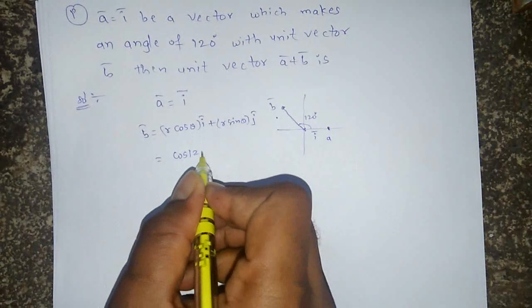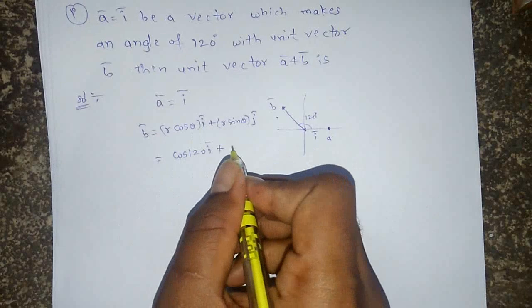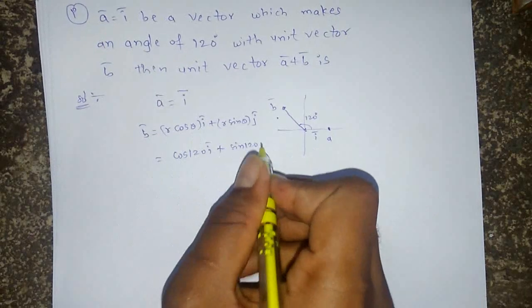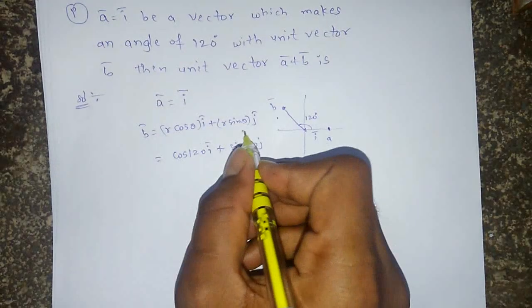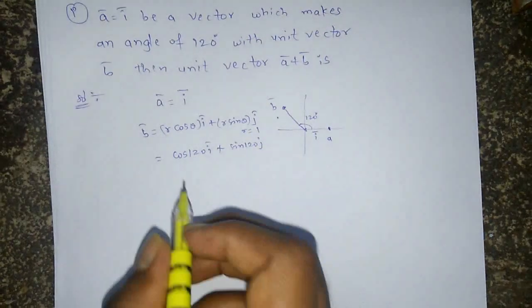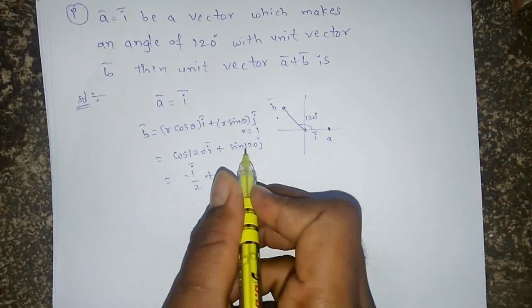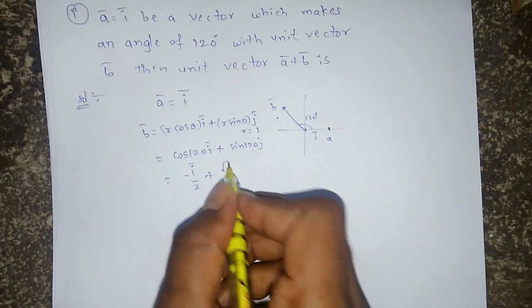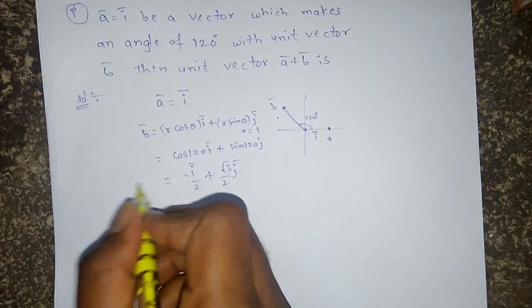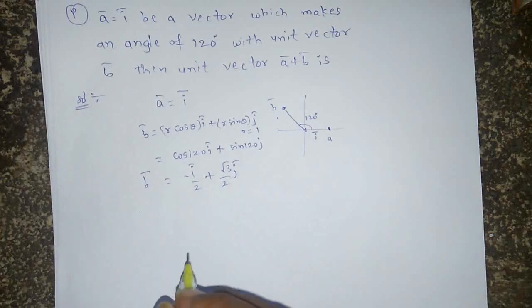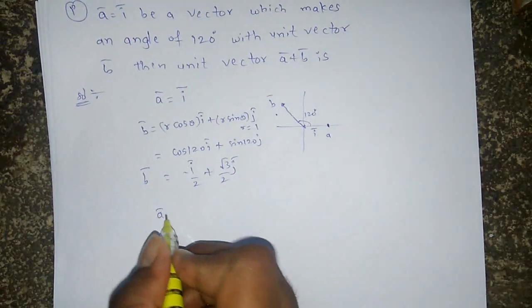So this is cos 120 into I bar plus sin 120 into J bar. Cos 120 is minus 1 by 2, so it is minus I bar by 2. Sin 120 is root 3 by 2, so it is root 3 by 2 into J bar. This is B bar. Next we need to find A bar plus B bar.